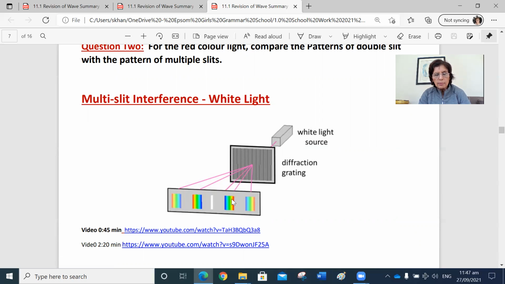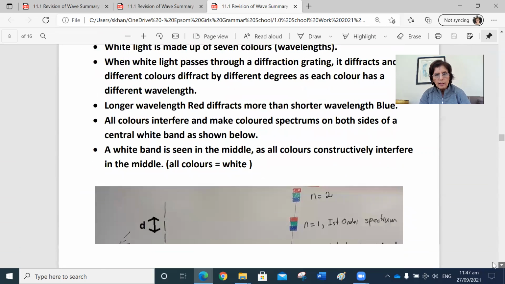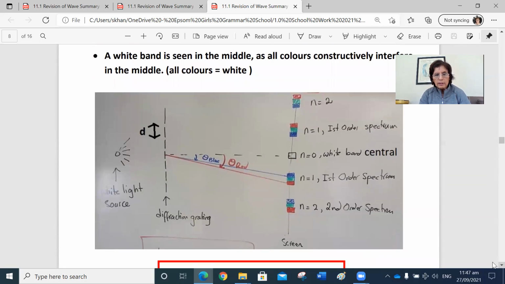Why is red outside? Because red light diffracts more than blue light because it has a longer wavelength. Similar pattern. So n is equal to 1 for the first order spectrum, n is equal to 2 for the second order spectrum.